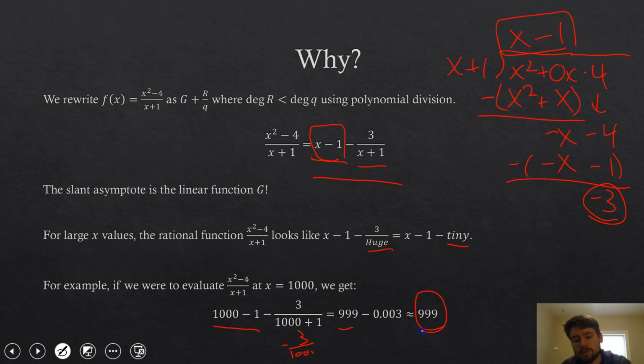It approaches that value. It doesn't equal 999, but it's very, very close to 999, which is the value of x minus 1. So that's why we're getting close to x minus 1. We plug in something very big, that remainder part goes to 0, and we're left with that linear function as what we get close to.